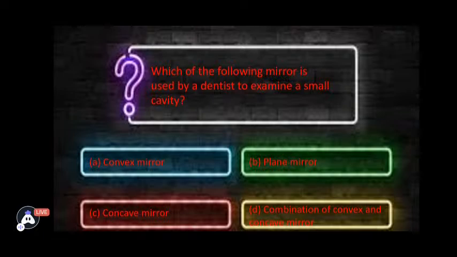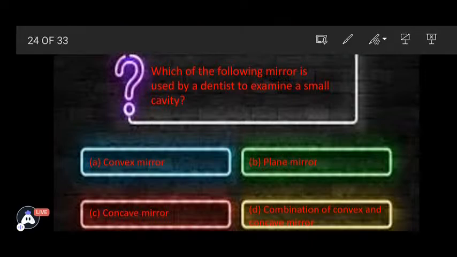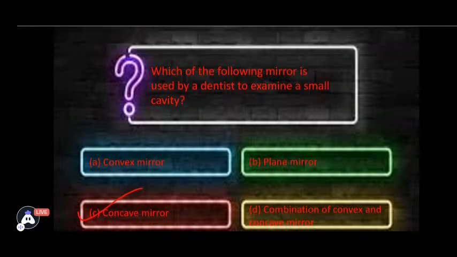But if we talk about concave mirror, we have recently discussed a ray diagram a few questions back, that when the object is between pole and focus, the image is virtual, erect and magnified. So the dentist has to see the image in the form of magnified, virtual and erect, which will be given by a concave mirror, and the object must be placed between focus and pole.